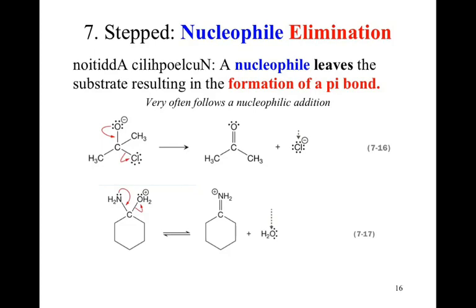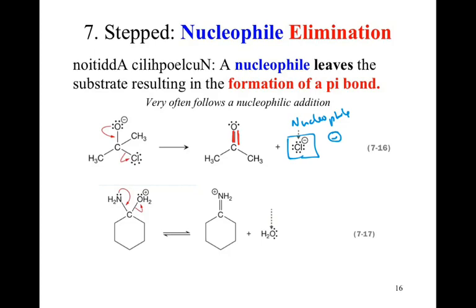So we're looking at what is the result of that. The result is I have this chloride, which is a nucleophile, because it is negatively charged. So because I've now kicked off that negatively charged structure and I've formed a pi bond, we have a nucleophilic or nucleophile elimination.